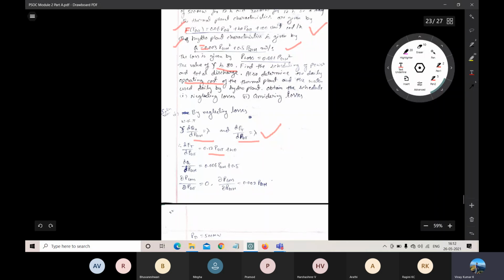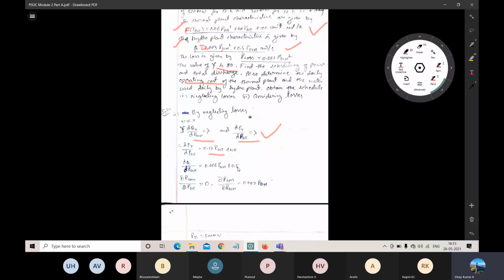One thing you people remember: if the characteristic equation is given for thermal, differentiate with respect to PGT, and if it is given for hydel, differentiate with respect to PGH. The same thing I have written here. Differentiating this, dq by dPGH is 2 into 0.003, that is 0.006 PGH, plus 0.5. So the same 0.5.